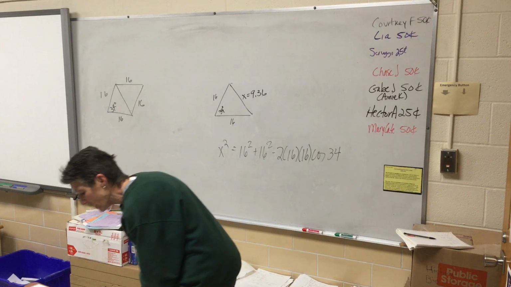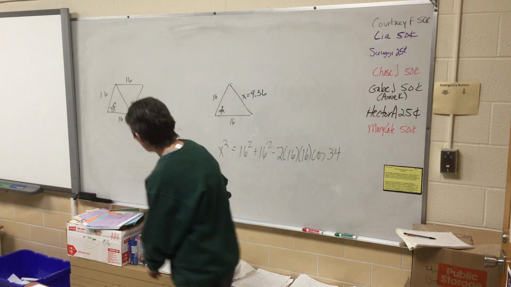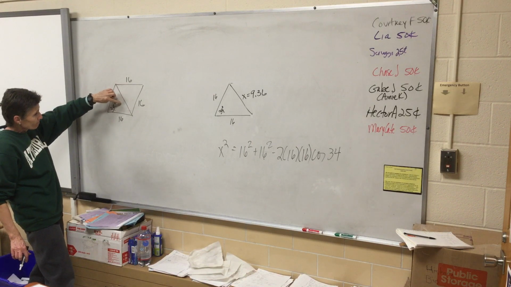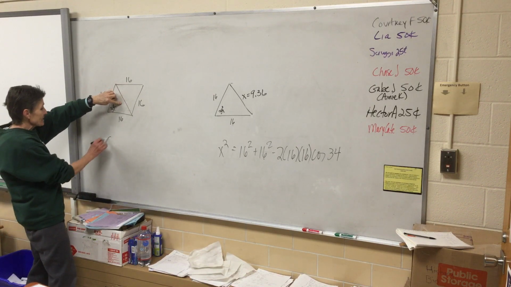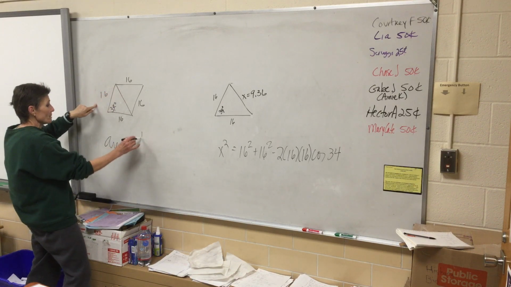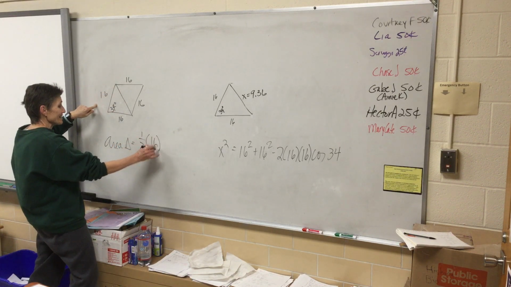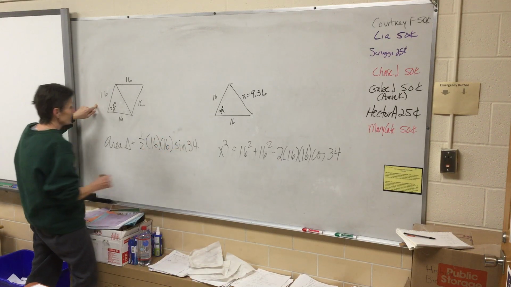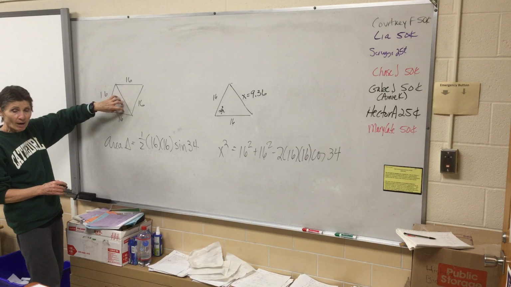I can do it other ways, but it does help me because isn't this a triangle right here? And isn't the area of that triangle going to be 1/2 times 16 times 16 times sine 34? Isn't that the area of this triangle right here?